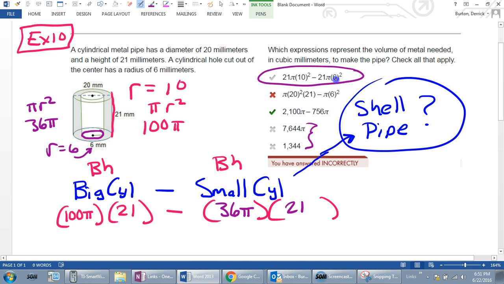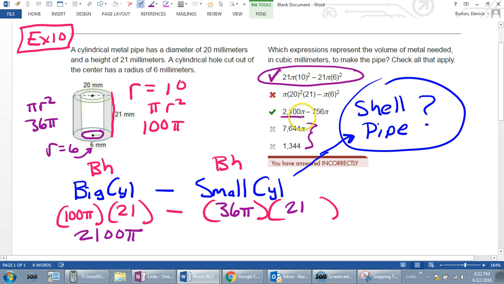And then I look at the second one, and I see 21, yep. I see the pi, yep. And I see the 6 squared. Well, yeah, that's my 36. So that is an acceptable answer. But there's more. If I multiply 100 times 21, that makes 2,100 pi.